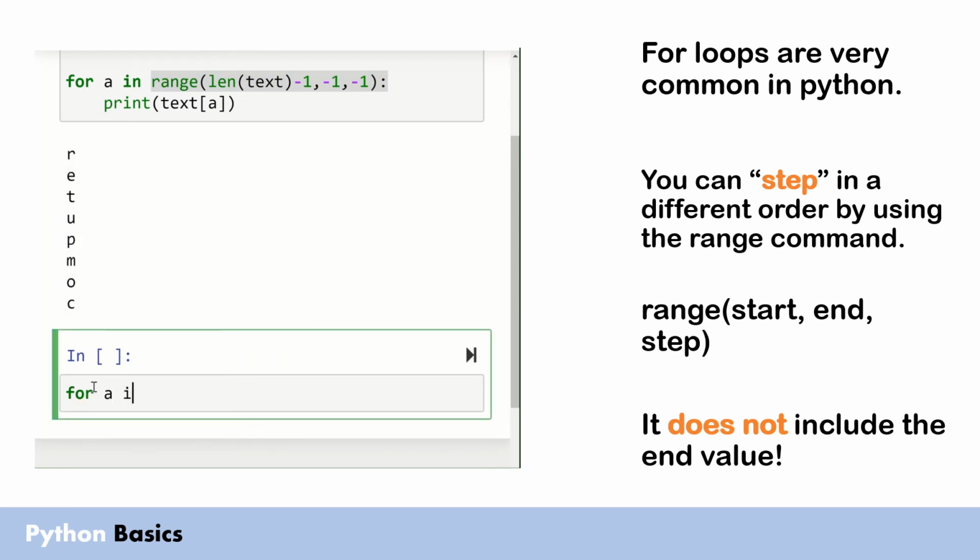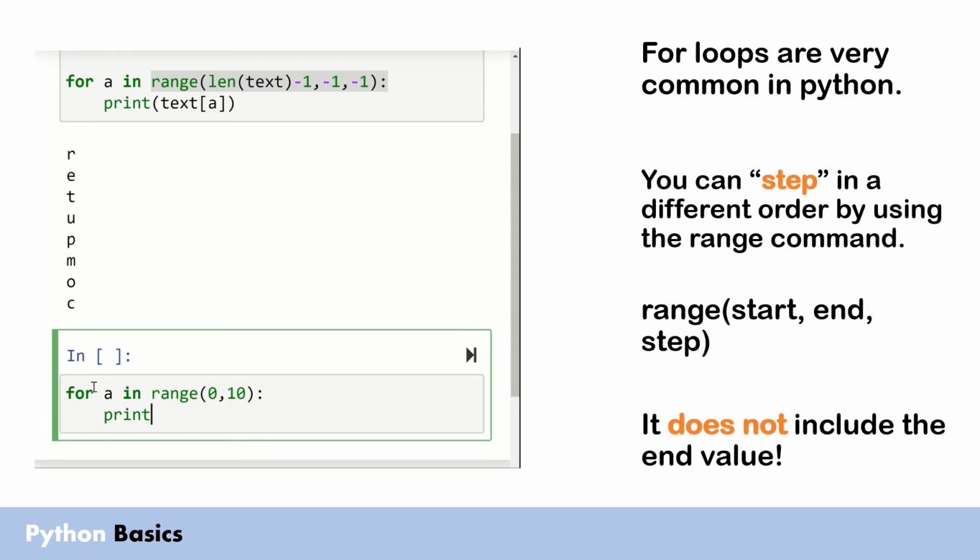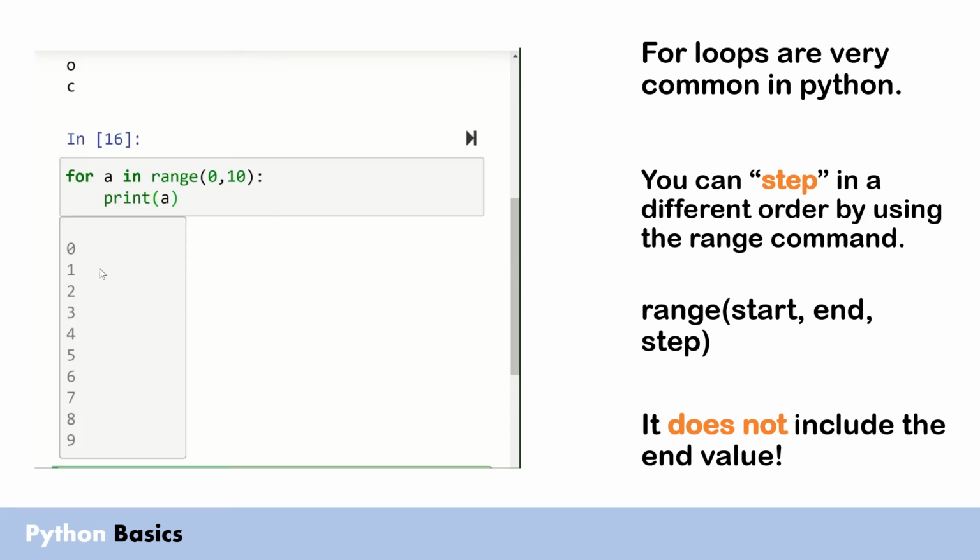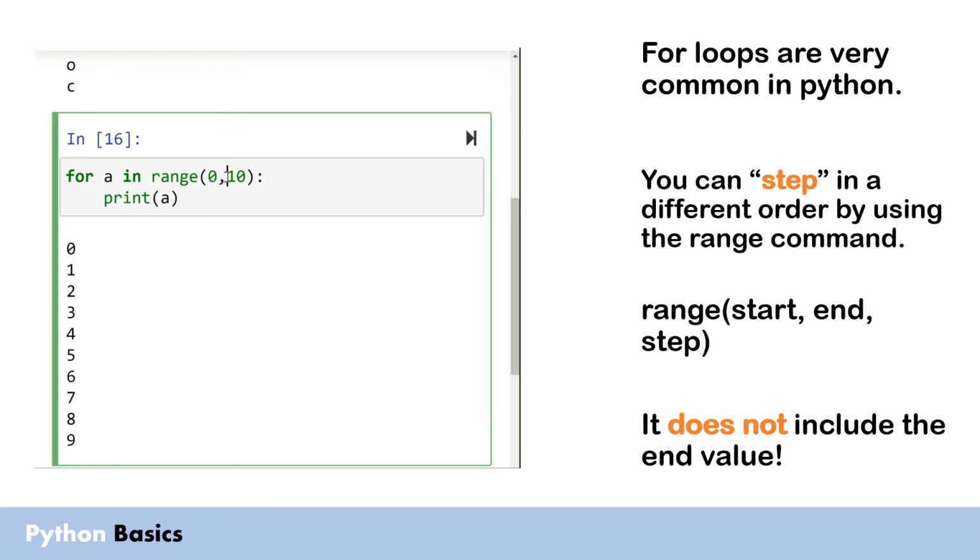So for a in range, I'm going to put two numbers in, and then I'm just going to literally print the a out. I'm going to run this, and you can see it prints out the numbers 0 to 9. What it's done is created a range of numbers starting at 0, ending at 10, but not including 10. So it's effectively like saying less than 10 and not less than or equal to 10. So it does not include the 10.